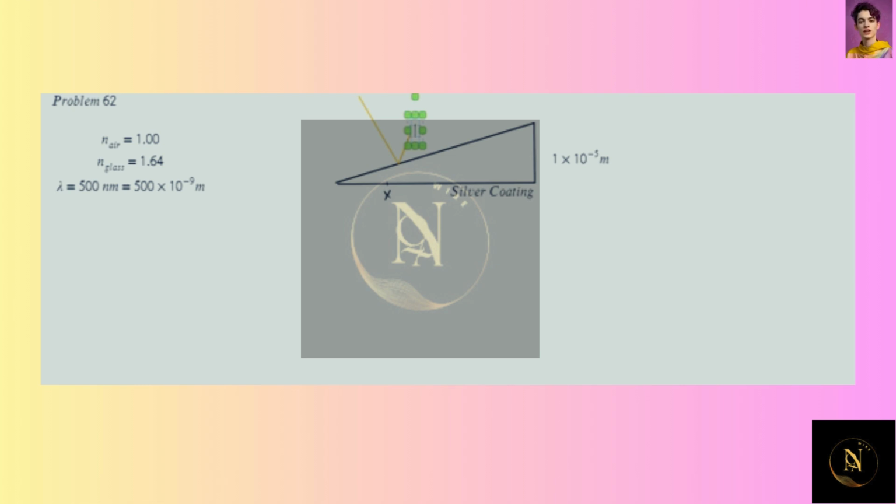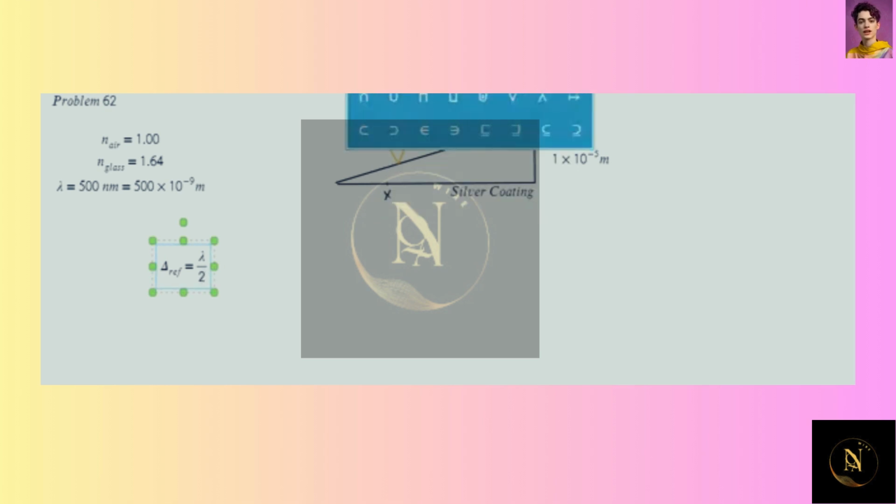That corresponds to a path length difference, delta ref, for reflection, which is equal to lambda over 2.